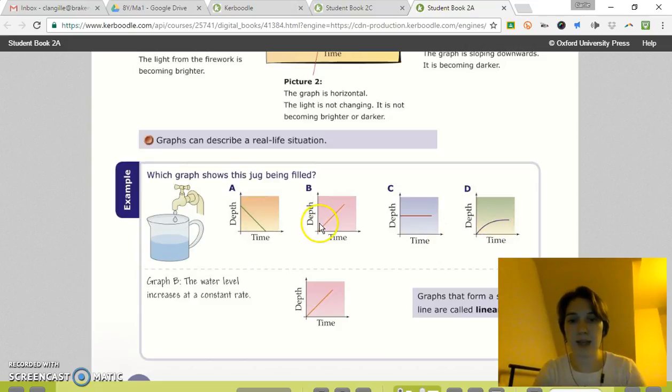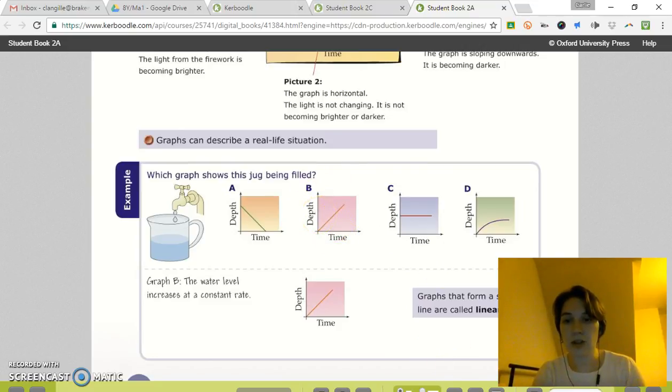But in this case, really there are two options, B and D. And in this case, B is going to be our best option because we have water coming in at a constant pace. That means that it's not changing. We don't know that the tap's been turned off and nothing else is coming in. So we can't use D, but B we can use, okay?